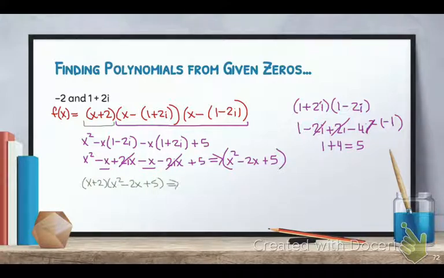That gives us x to the third minus 2x squared plus 5x plus 2x squared minus 4x plus 10.